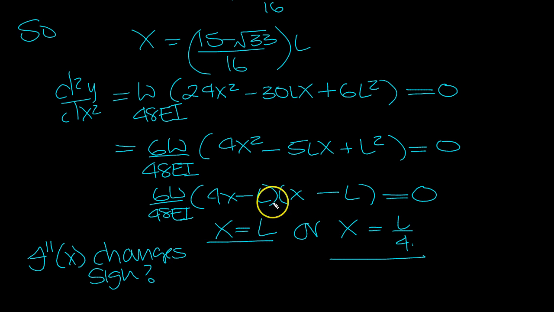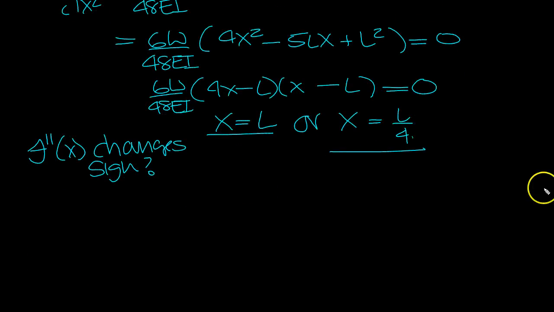That's the question. So when x is L, does it change sign? Well, it couldn't be bigger than that because that's the maximum length of the rod. So we don't know that because it stops at x equals L. So the only point in question, relevant to this problem, is x equals L over 4. So not at x equals L.